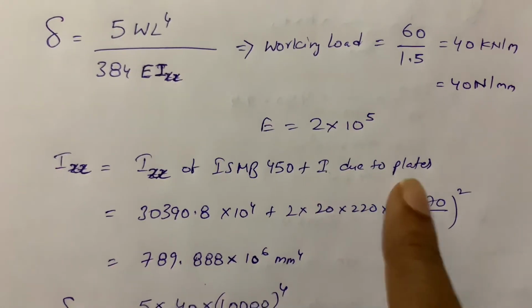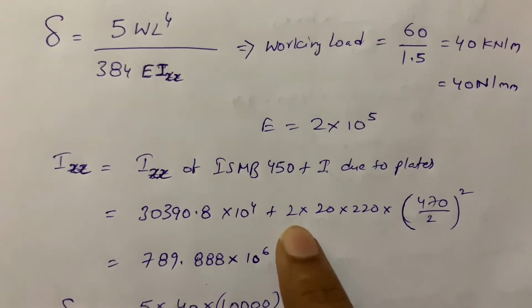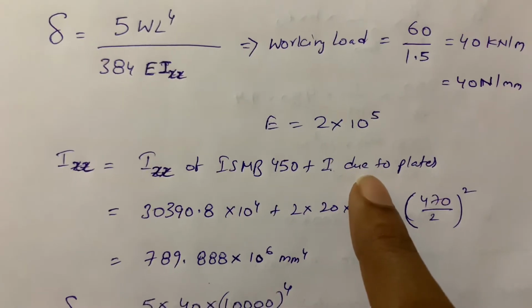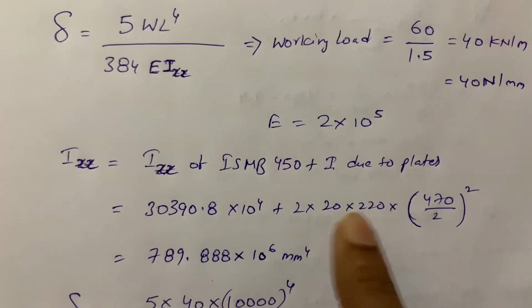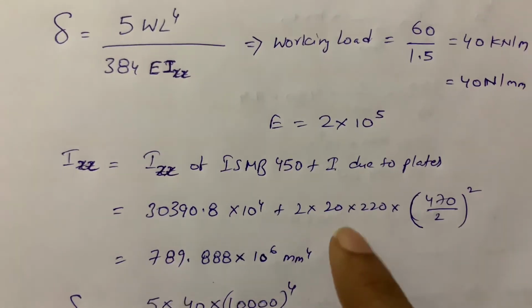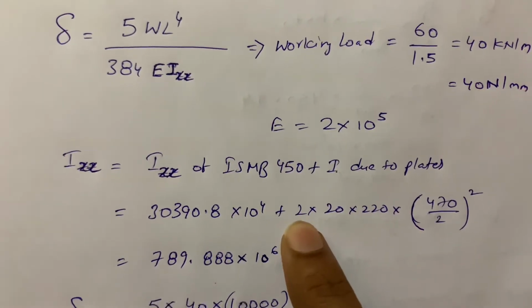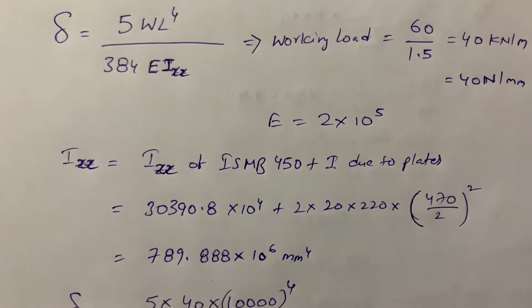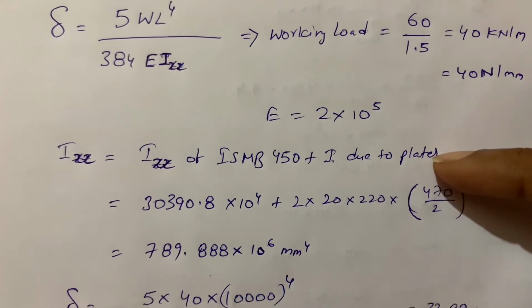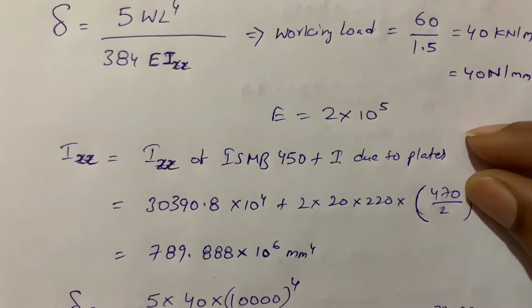And next, the I value due to plates. For the cover plates, 2 into 20 into 220 is the area, and both flanges are there, that's why I wrote 2. The total depth is 450, which is the web depth, and the flange thickness is 20.